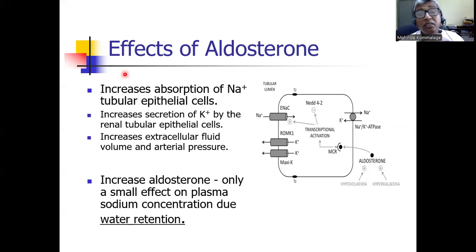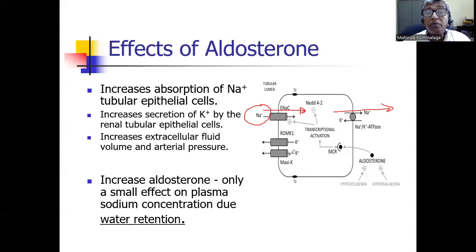In the collecting ducts. These are the tubular cells of the collecting ducts. You will learn more details under renal physiology. And aldosterone, this is the hormone, will act on tubular cells and facilitate reabsorption of sodium. So it reabsorbs the sodium into the cell from the luminal surface and puts it into the blood.